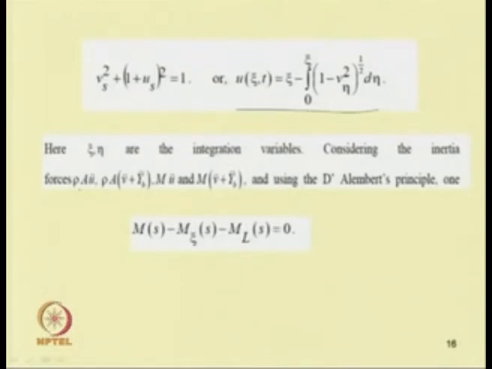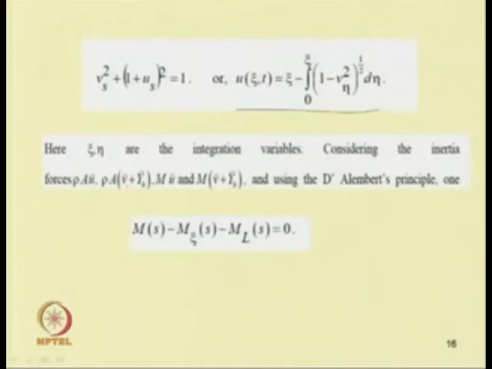One is due to this base motion and the other one is due to the displacement of the beam in the vertical direction, that is v, from the initial position. So, this acceleration will be rho a (v double dot plus y b double dot), and now using D'Alembert principle, one can write this expression: ms minus m zeta s minus m l s equal to 0.